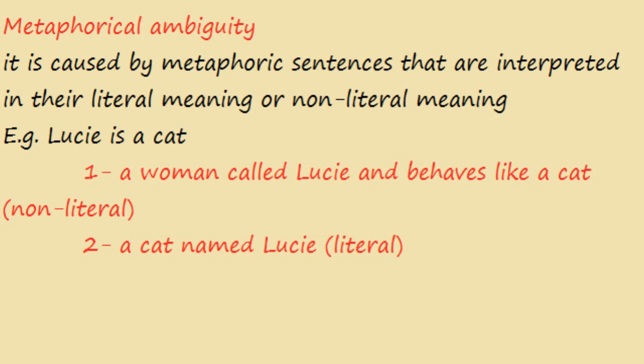It either means the woman called Lucy behaves like a cat. This is the non-literal meaning. Or Lucy is a cat that was named that way. It's either the woman that behaves like a cat, or it's a cat that we named Lucy. So we do not know. This is why it is called metaphorical ambiguity.